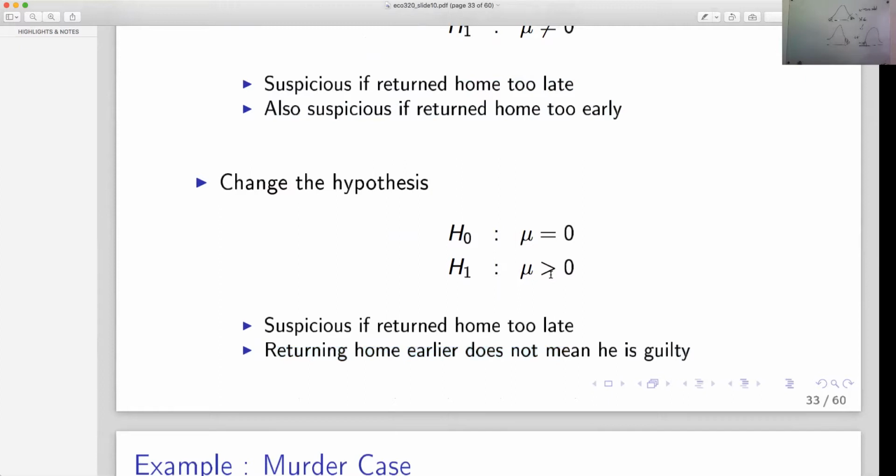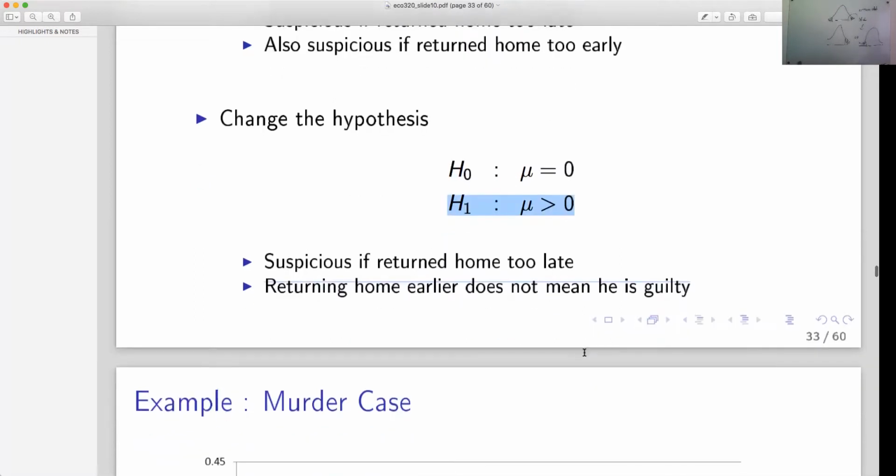So as long as he actually came early, it doesn't mean he's guilty. But if he came late, that means he's guilty.